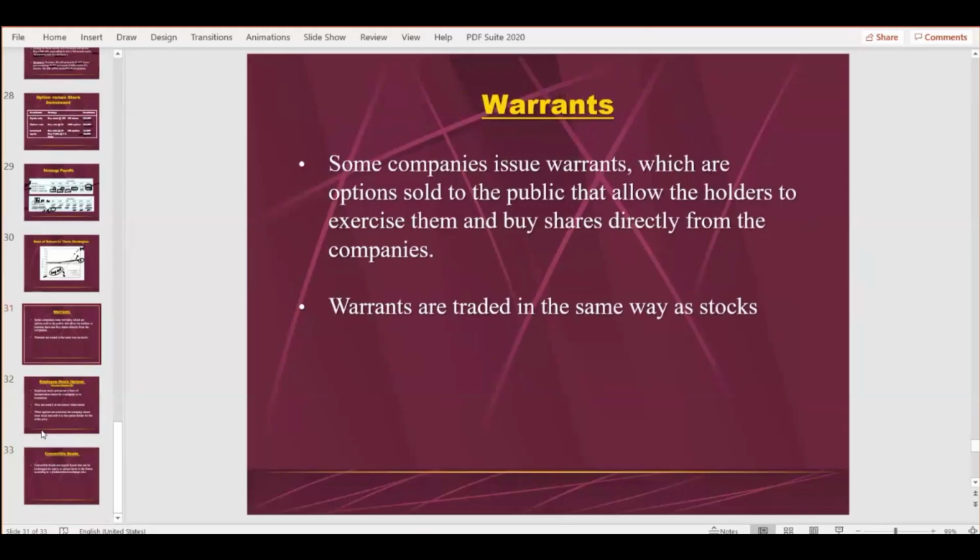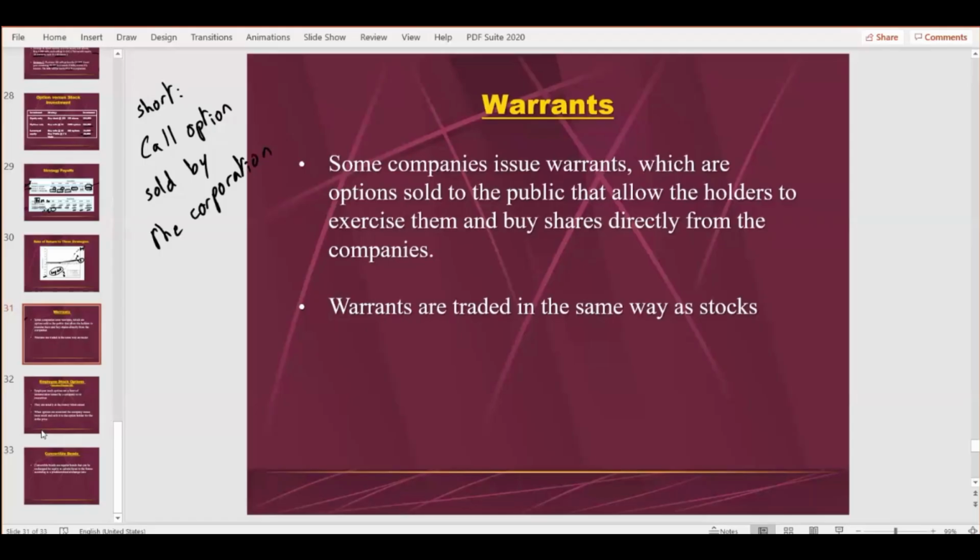So the case of the warrant is like a call option where the party with the short position, the seller, is the corporation. And in this case, it's not like the corporation is going to buy the shares from the market.